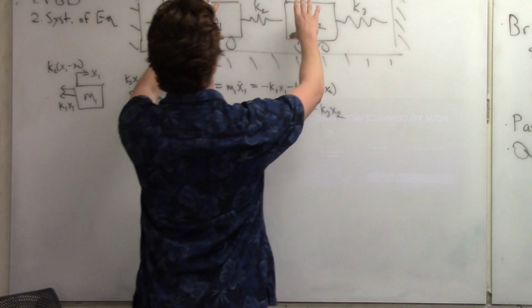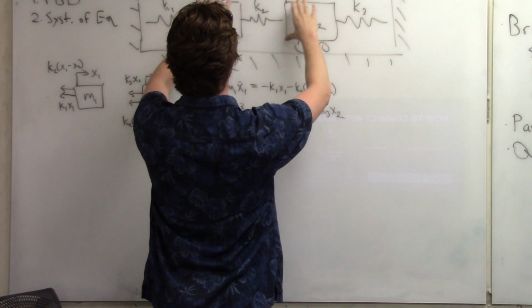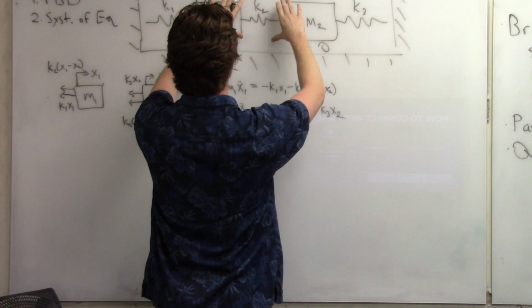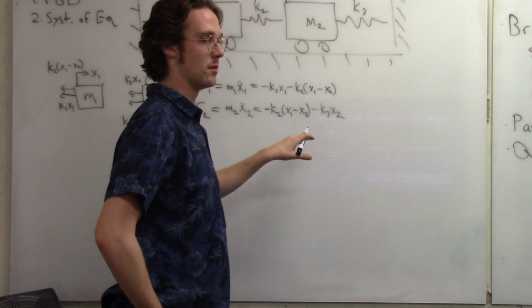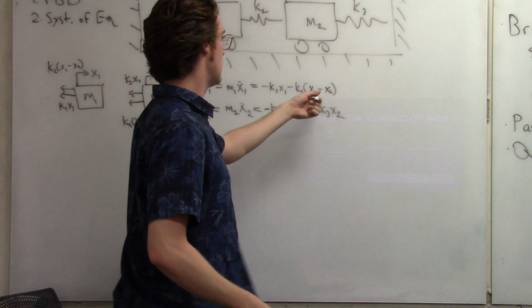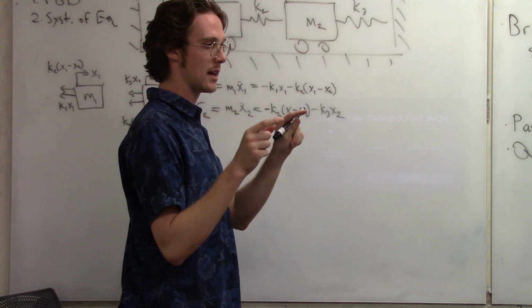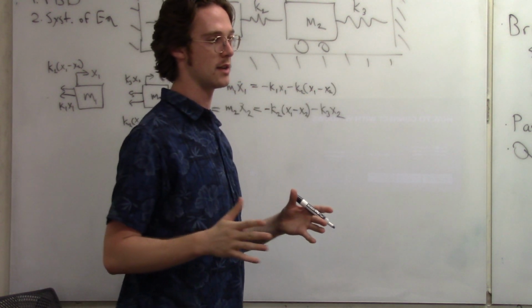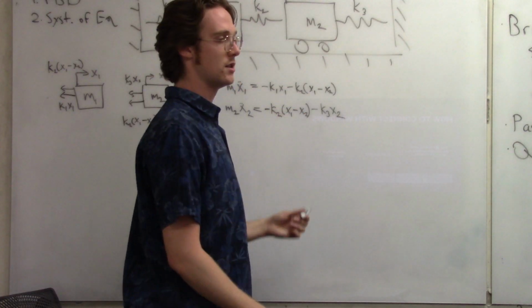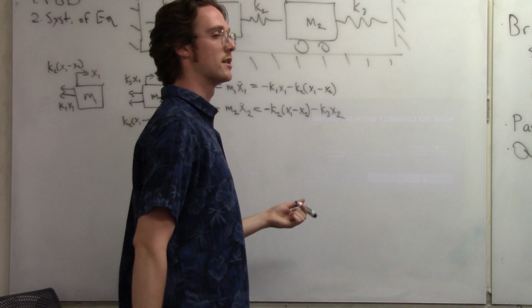Because k2, if I move it this way, x1 minus x2, whatever. It just has to be the relative displacement between those two. And if you put it one way versus the other, if they're both positive, if they're both negative, it's still going to be a distance, which is always going to be positive. So for convention's sake, we're going to put it x1 minus x2.